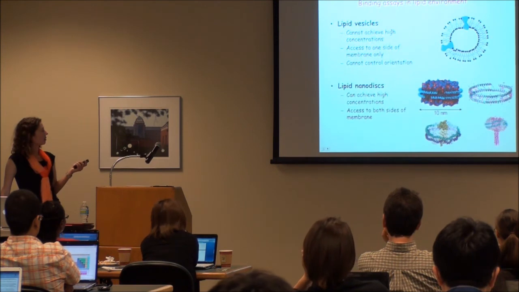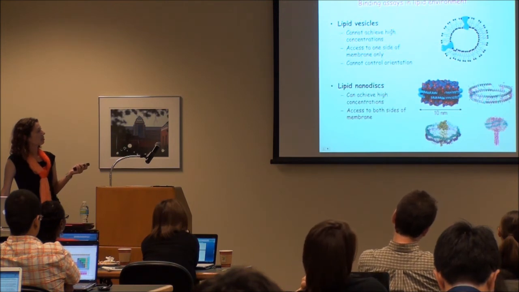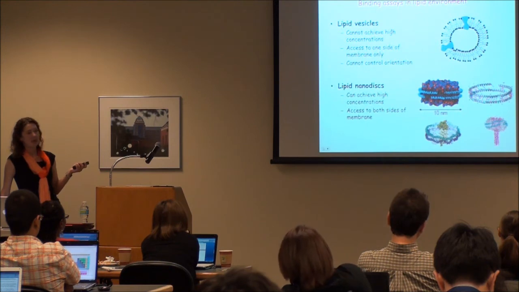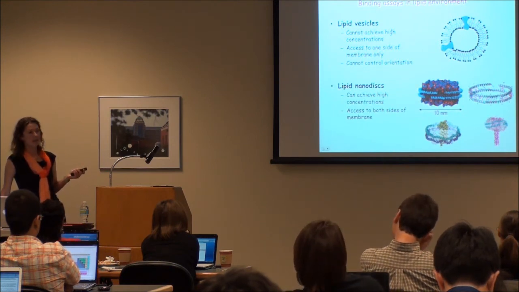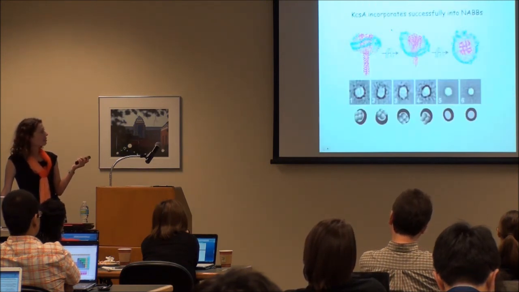You can't do binding assays in lipid vesicles because, right, this is the lipid vesicle, these are your proteins, and you can only have access to this side of the membrane, right? This side is impossible to access. But in nanodiscs, you actually have access to both sides, and you can concentrate them to whatever you want. So we actually did this for KcsA.